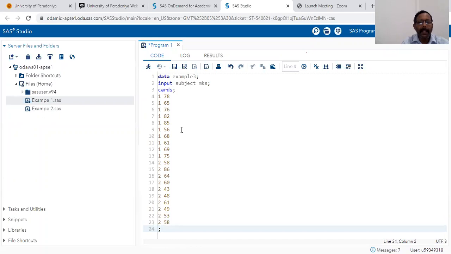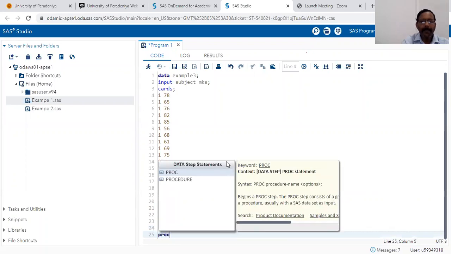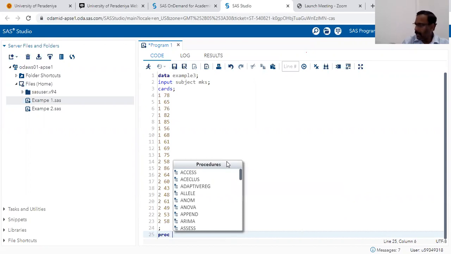Now I want to compare these 2 subjects. We can name the subjects with text, but we don't want to. Then we can say proc t-test again.